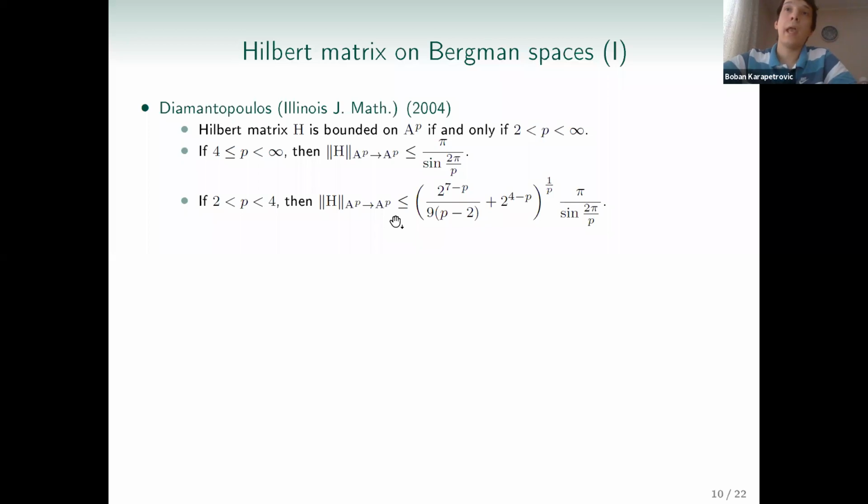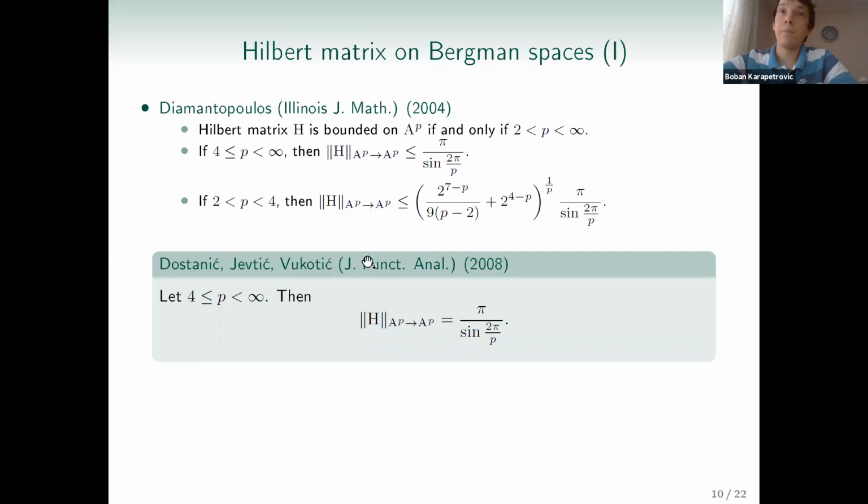And in the same paper from 2008, we have this theorem: when P is greater or equal than 4, then this quantity, pi over sine 2 pi over P, is the norm of the Hilbert matrix on Bergman space AP.